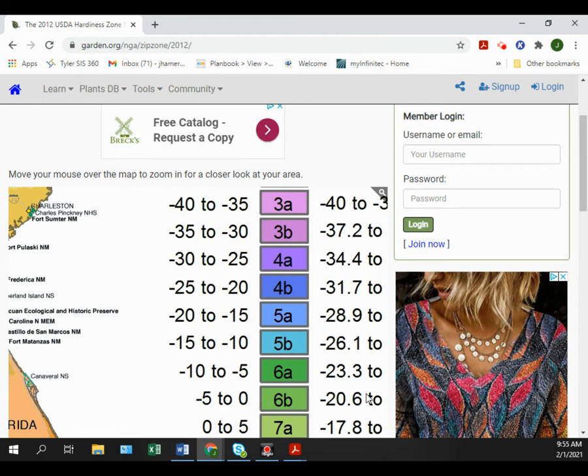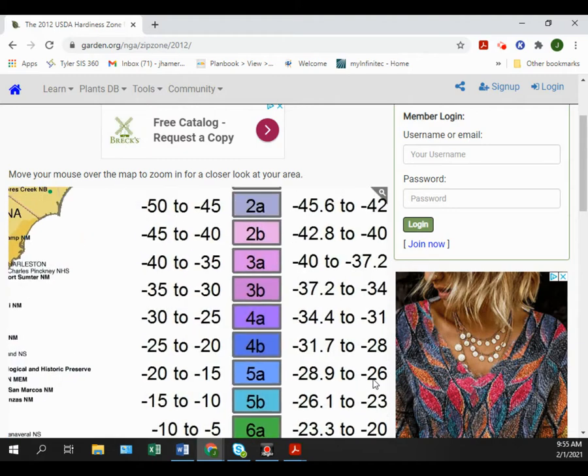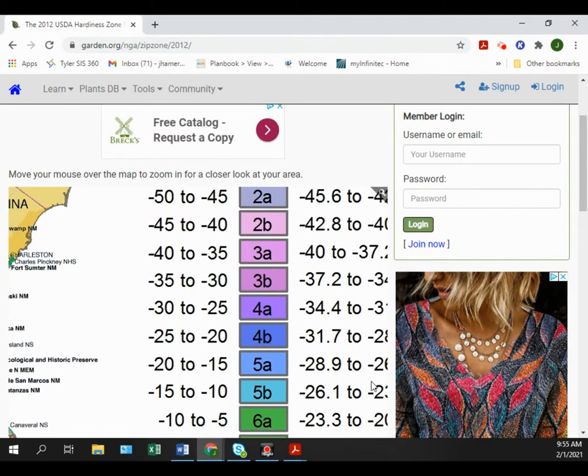So these are generically the temperature ranges that it falls into. Now this is the lower edge, not the higher edge, but if you look, negative 10 to negative 20 is 5A and 5B together. So that's the lowest temperature that it hits, and if the plants can withstand that, you're okay to buy them and plant them.